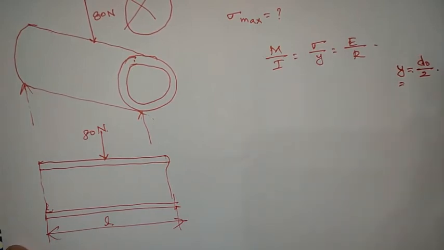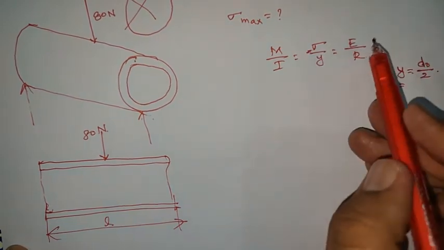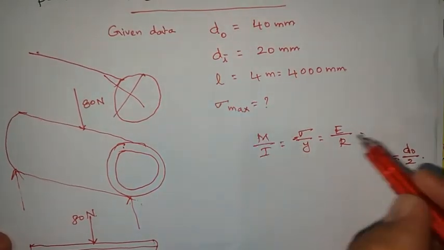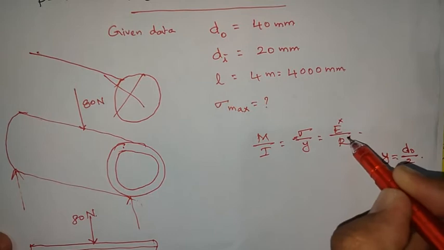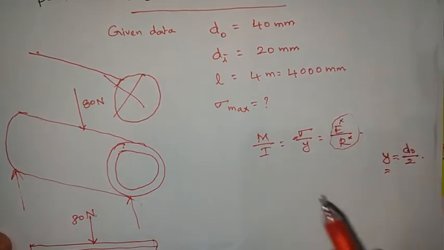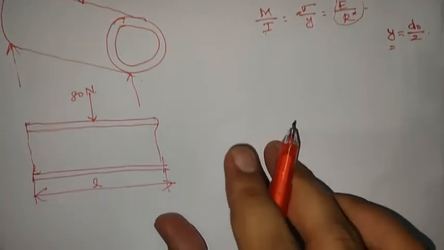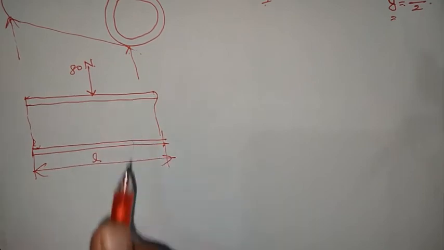Now, if we want to find the sigma value, E value is not given and R value is not given, so we can't depend on that relation. So now what is the relation? I need M and I. Here a point load is given, మనకి ఇక్కడ point load ఇచ్చాడు.